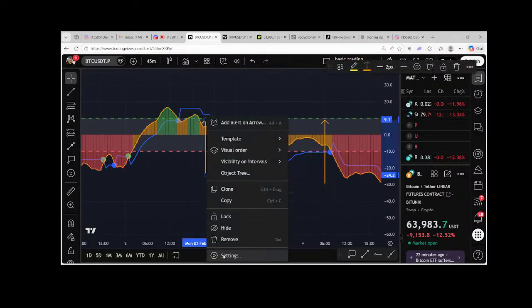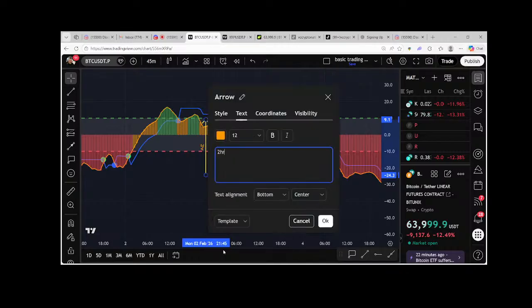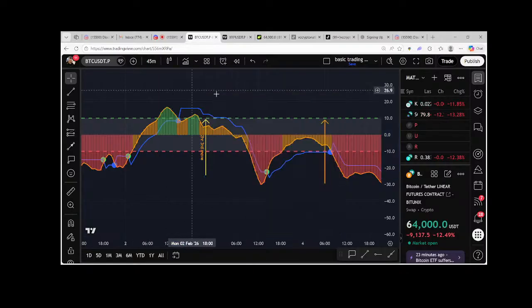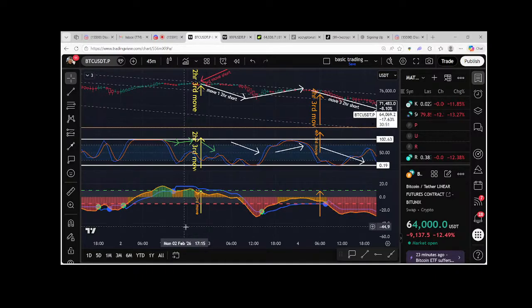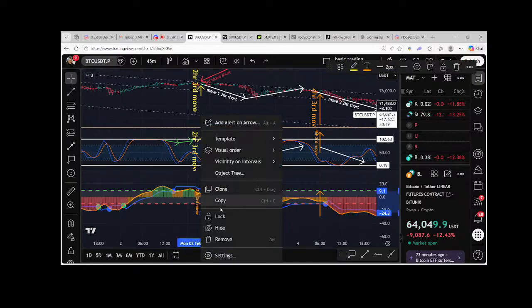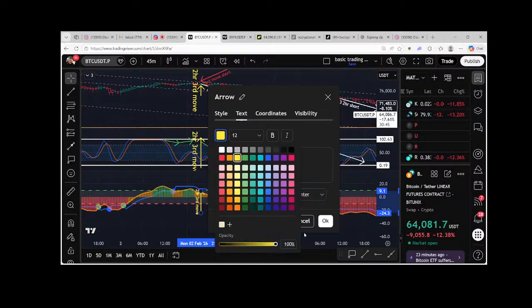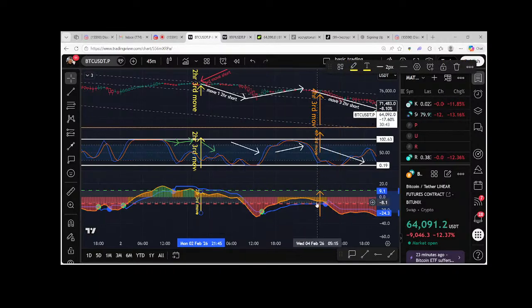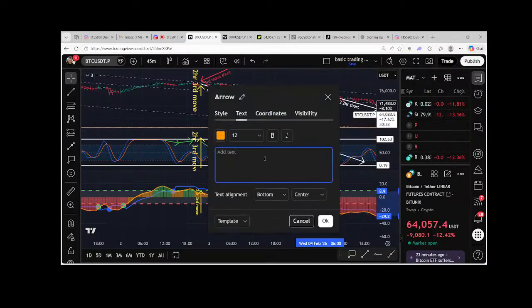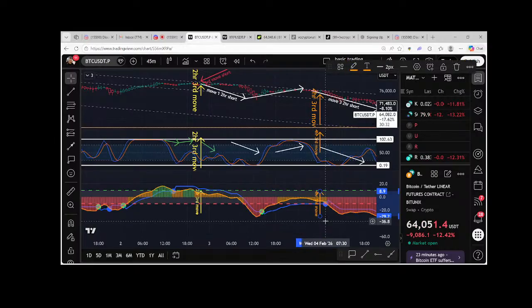This yellow is the 2 hour third move, meaning that that's the trade that we're looking for. Now over here, this orange one, this is the 4 hour third move. Very simple.